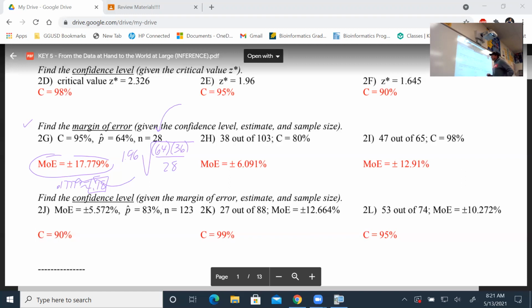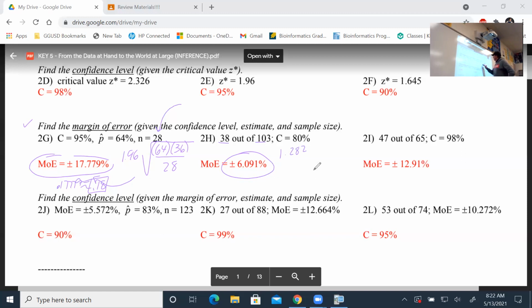Next one, margin of error here is about 6%. How did they get that? 80% confident is 1.282. And then we have to get this percentage, 38 out of 103, which I don't know off the top of my head, so I'll get my calculator out. 38 divided by 103 is, I'll go with 37%.